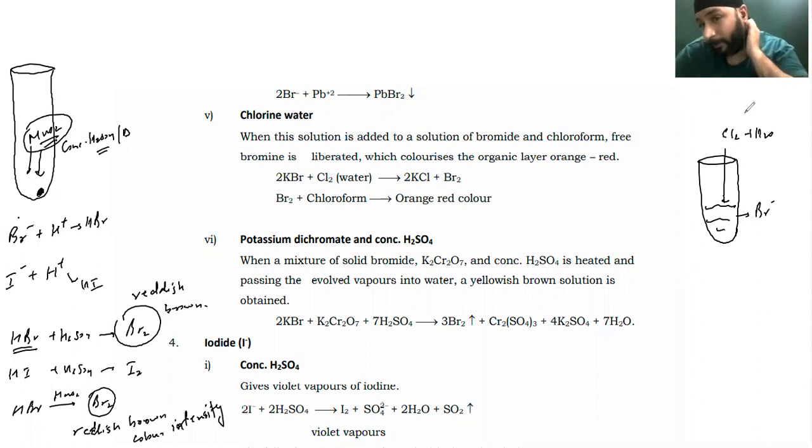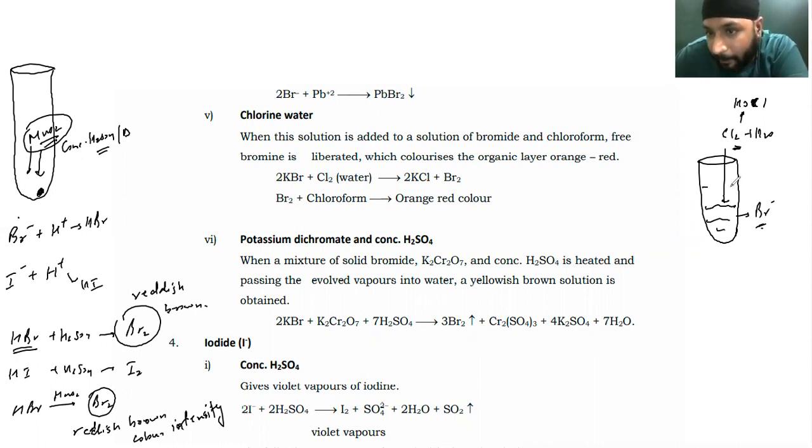We know that chlorine water also contains HOCl, which is an oxidizing agent. Or chlorine itself is an oxidizing agent which can oxidize Br minus to Br2, because it is more electronegative than bromine. So chlorine has a tendency to accept electrons. Bromide will lose electrons to form bromine.